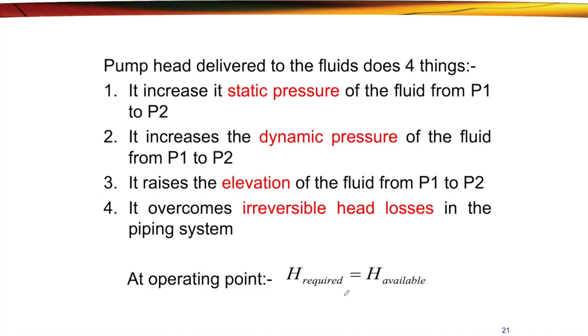Okay, so pump head delivered to the fluid does four things. One, it increases the static pressure from P1 to P2. Two, it increases the dynamic pressure of the fluid from point 1 to point 2. And three, it raises the elevation of the fluid from point 1 to point 2.